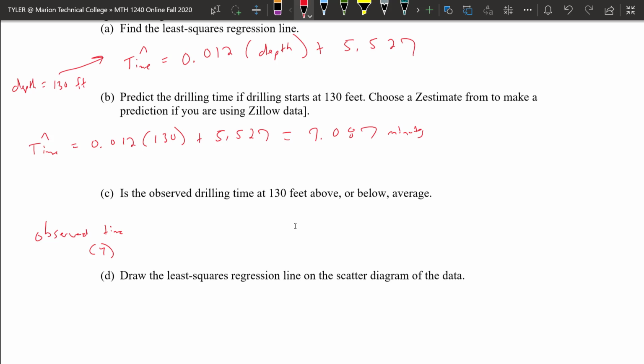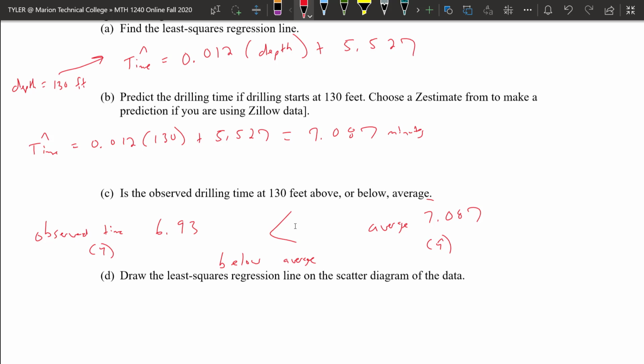The average value is going to be the y hat value that we found in part B to be 7.087. So we're thinking about whether my observed time is above or below average. The average value is bigger, so we're below average. The observed value was below average for 130 feet.